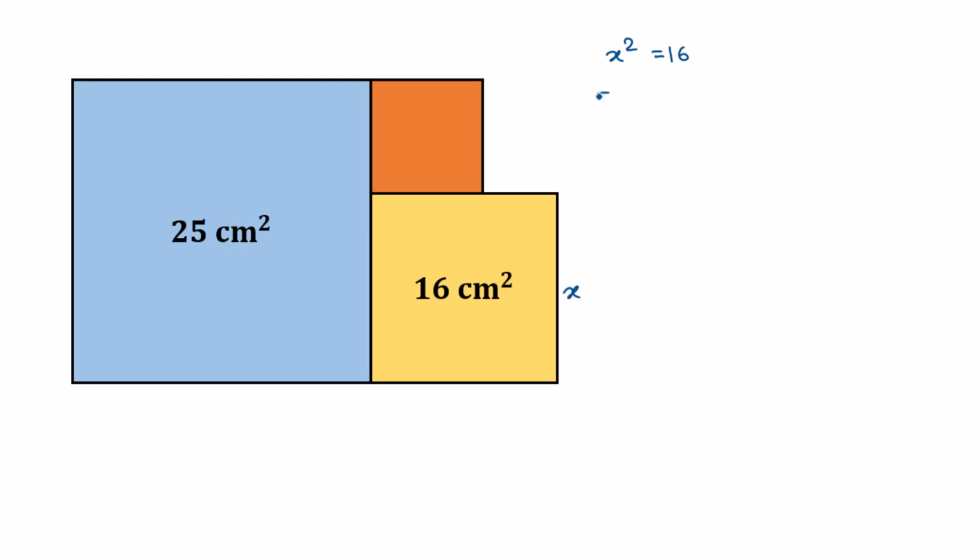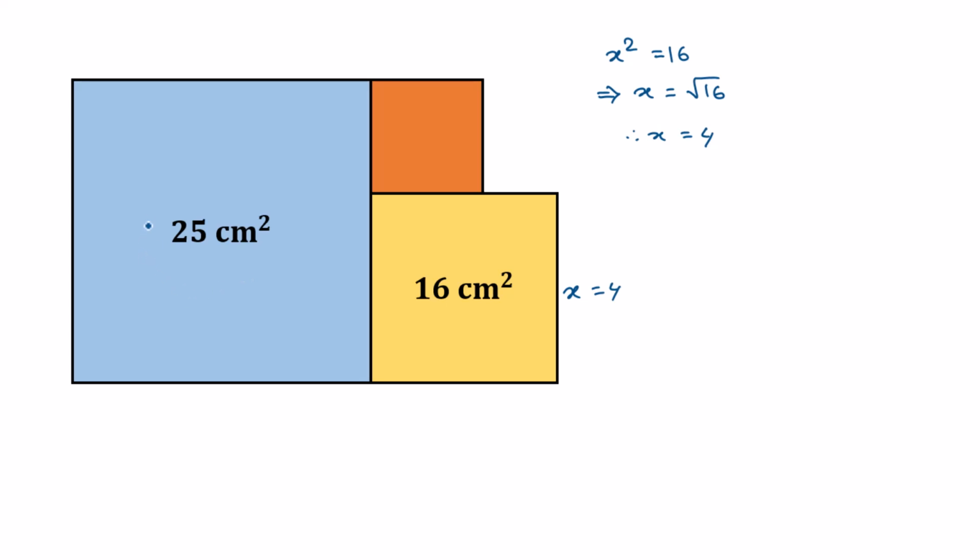Now taking a square root to both sides, we will get the value of x is equal to square root of 16. This is 4. So the side length of this square is 4 units.